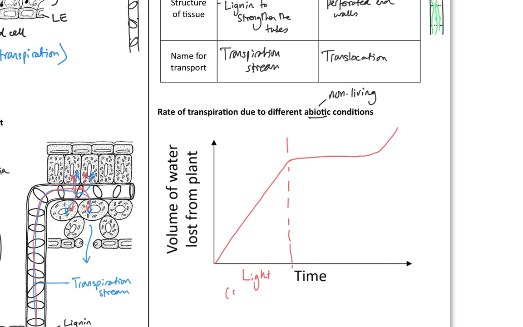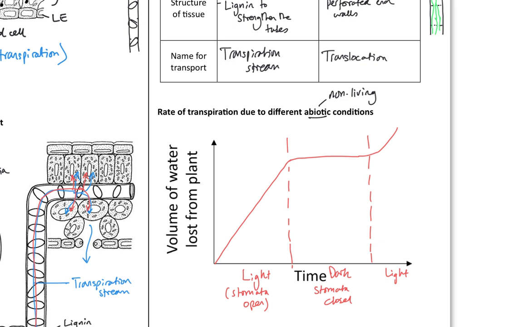So the stomata are open, so it's easy for them to lose water. And this could be a phase where it goes into the dark. Stomata closed. And then this is light again, as in we're going through a day. Light, dark, light, dark.